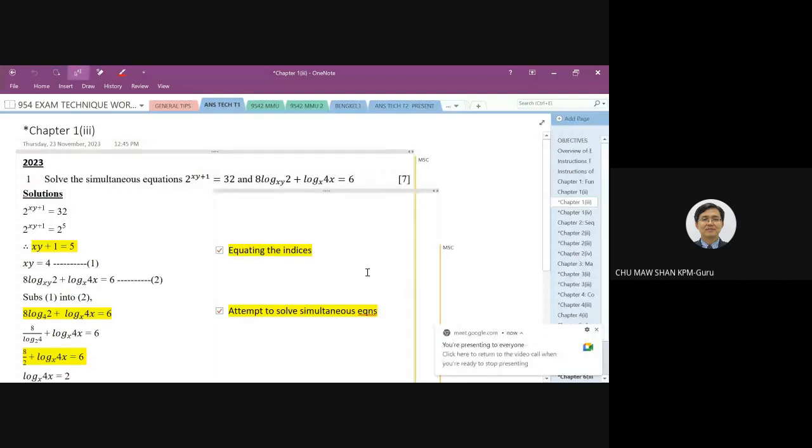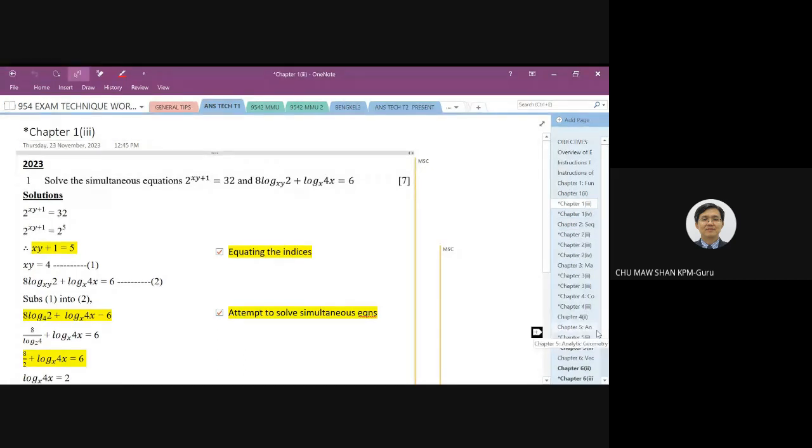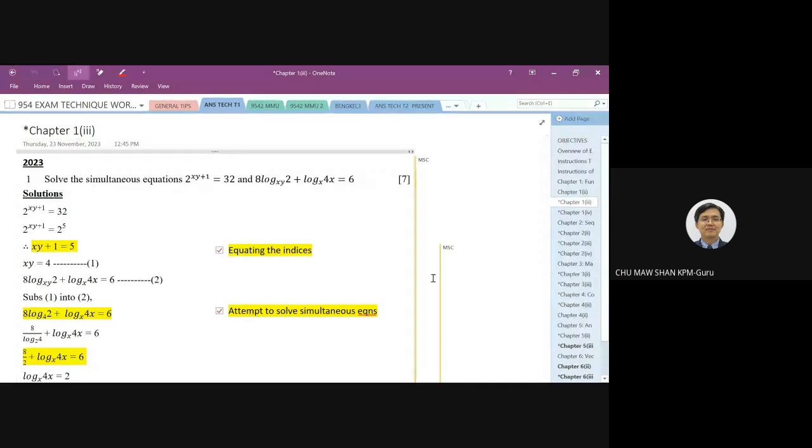Let's look at this one, 2023. Solve the simultaneous equations: 2 to the power of xy plus 1 equals 32. The other one is the logarithmic equation.